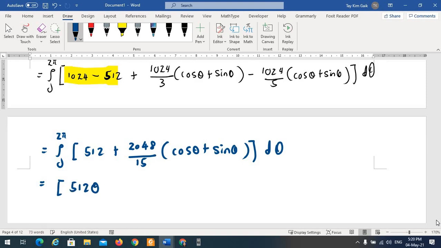Integrate 512 with respect to theta is 512 theta. Then 2048 by 15: integrate cos theta is sin theta, integrate sin theta is negative cos theta. Limit from 0 to 2 pi.